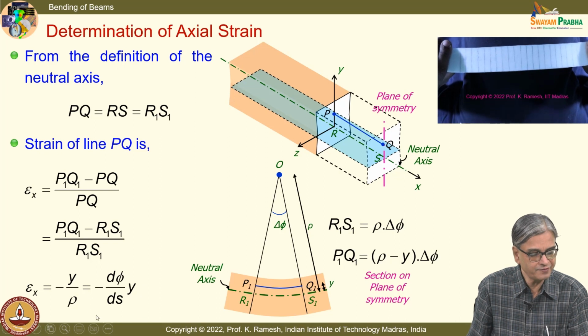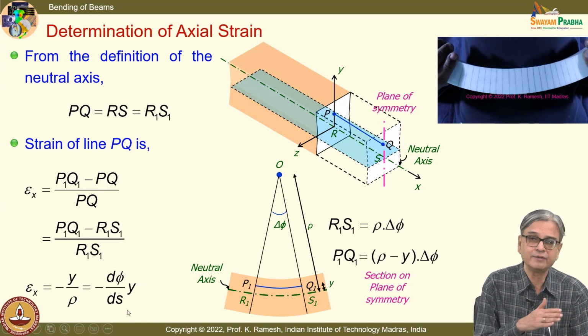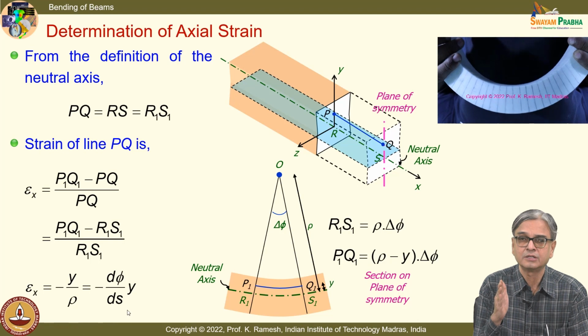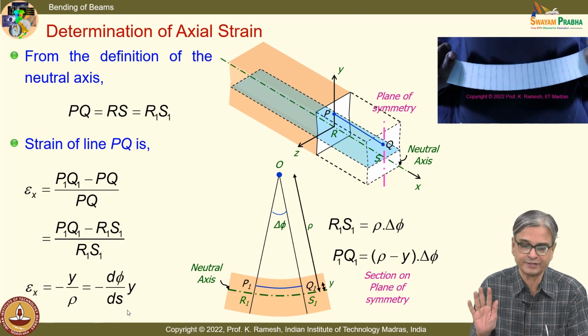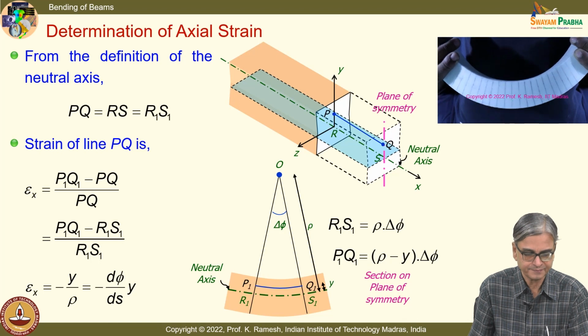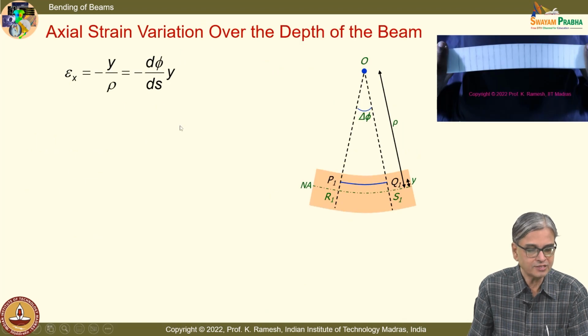In fact, d phi by ds we would relate it to the deflection. We will do a separate chapter on it. So, this is the starting point for today's discussion basically.